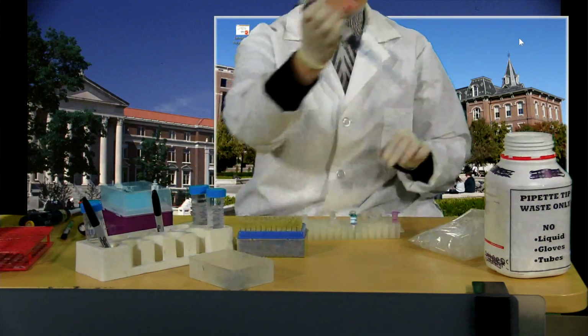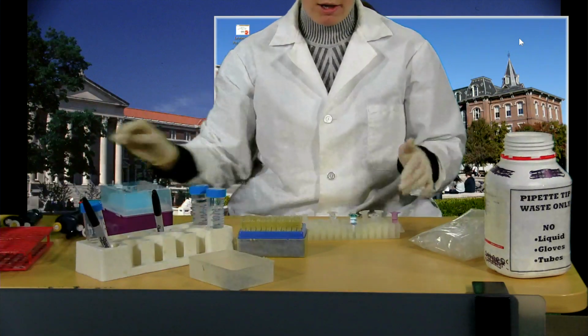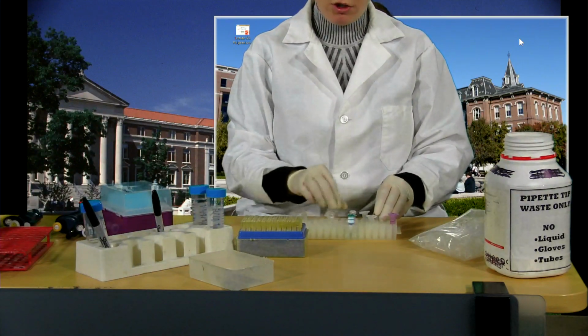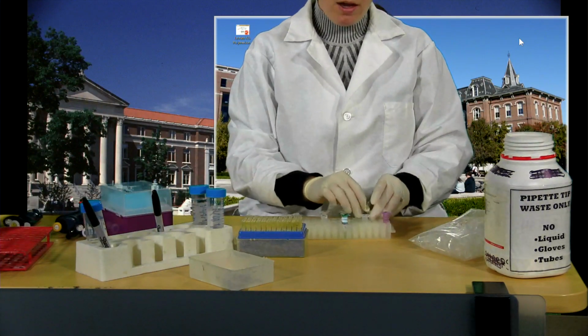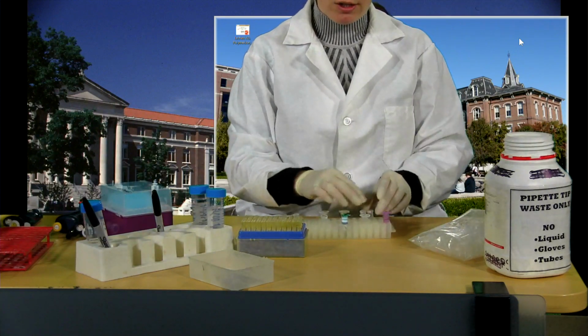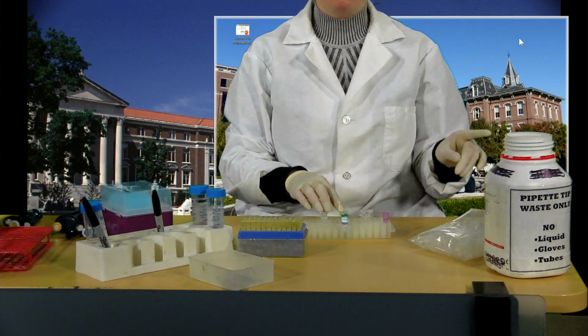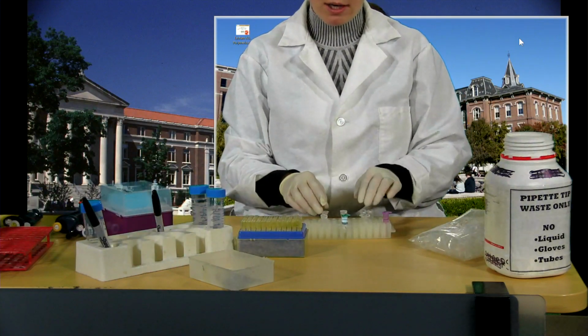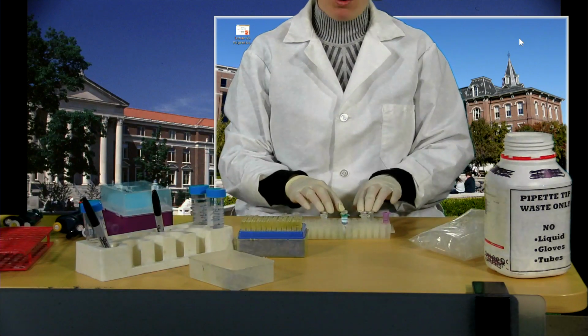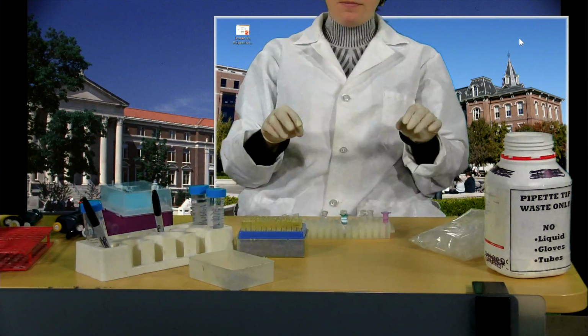So, I've added my fraction to each of these samples here. They're all labeled. I'm going to give them a quick inversion here, each of them. Typically, you want to be pretty quick about the start of your reaction. So we've got a clock going now from when the reaction started. So I'm going to go ahead and put these into the 50-degree water bath for 5 minutes.